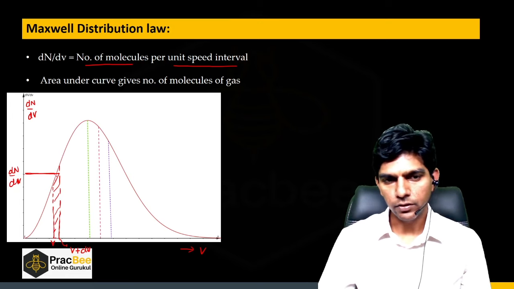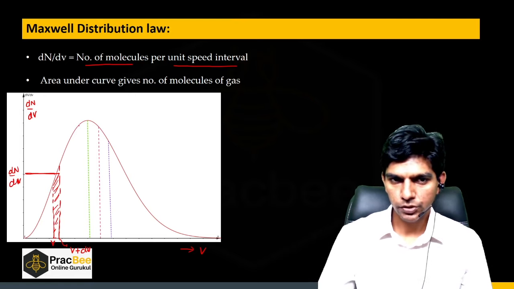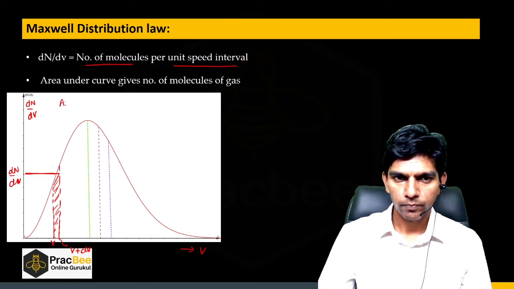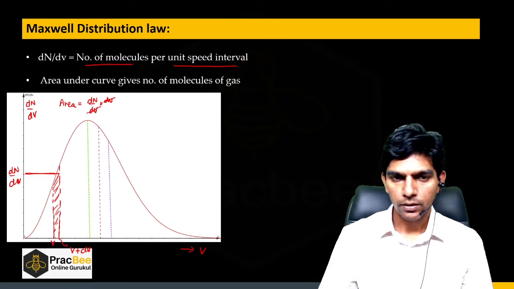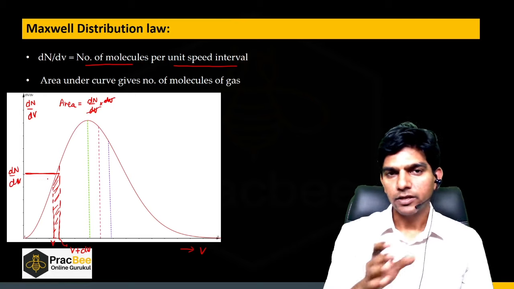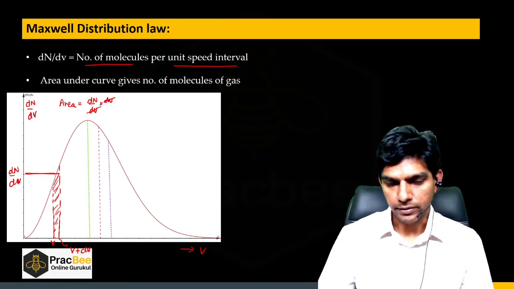So what is the area of this shaded region? I can consider this just like a strip. Its area will be dn by dv times dv, which comes out to be nothing but dn. Now if I add up the areas of all these strips, it will give us nothing but the integral of dn.